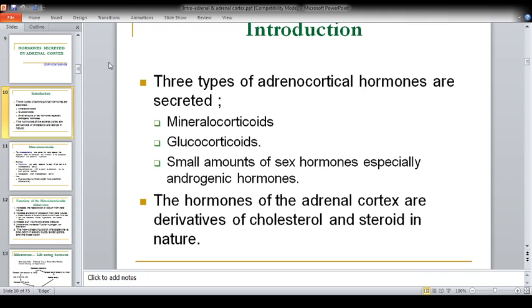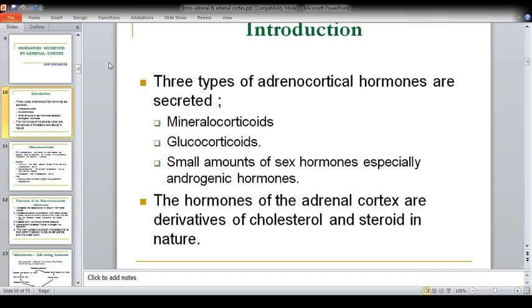The mineralocorticoids, which are secreted by the outermost zona glomerulosa, then the glucocorticoids secreted by the zona fasciculata, and a small amount of sex hormones, especially androgenic hormones, which are secreted by the zona reticularis.